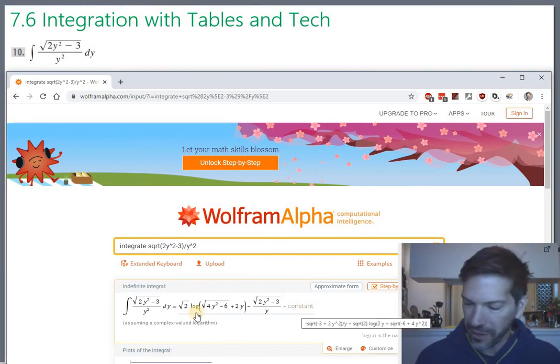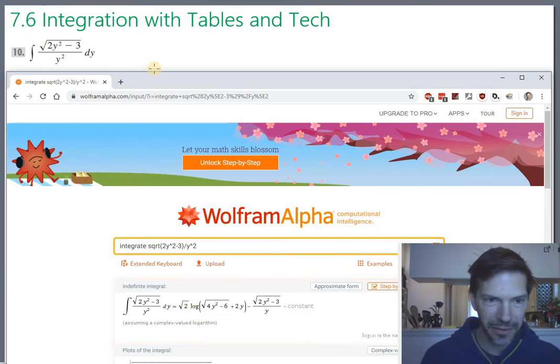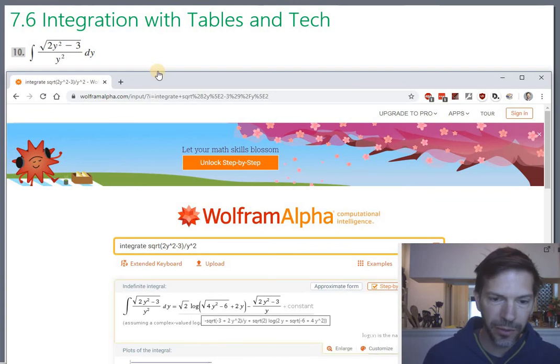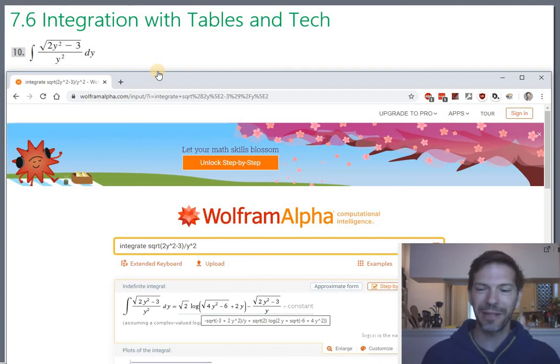Here's what I'd like you to do for your homework. I would like you to write down the answer that Wolfram Alpha gives you. One other thing to point out is that almost every technology solution, when they say log, they mean natural log, that we usually write ln.